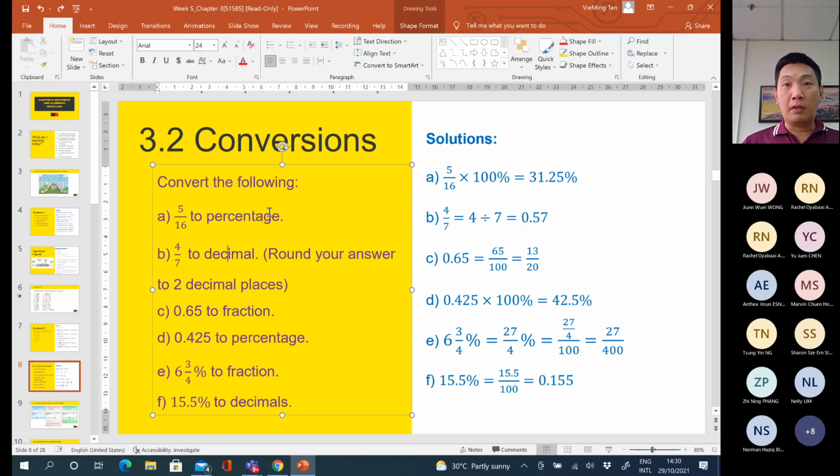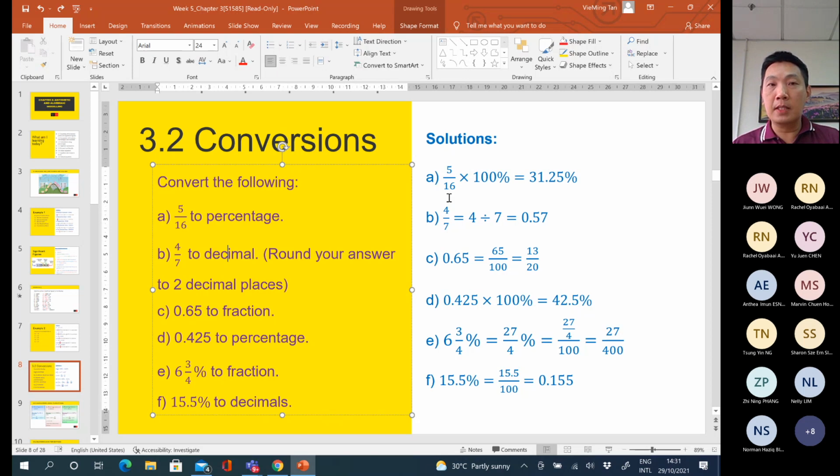So 5 divided by 16, then multiply by 100. 5/16 is 0.3125, which stops at 5. Then you multiply by 100 to convert this decimal number into a percentage. So I get 31.25%.